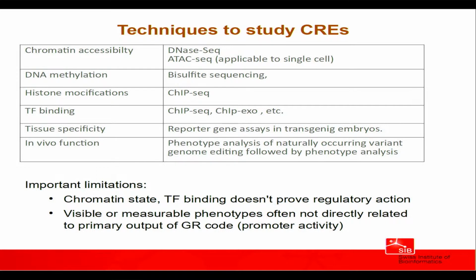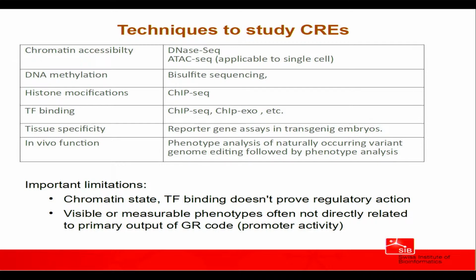The important thing to know is that these techniques are genome-wide, so at once they produce a complete map, huge amounts of data. Then we also have techniques that allow us to study more downstream effects of gene regulation.